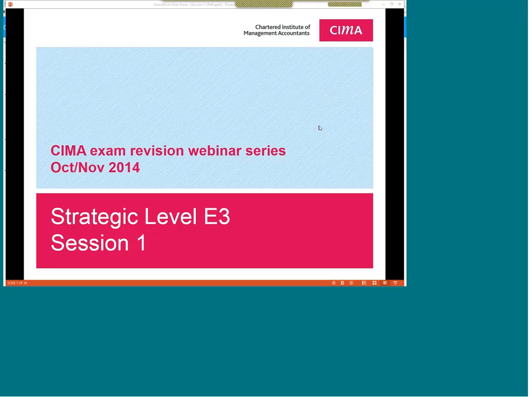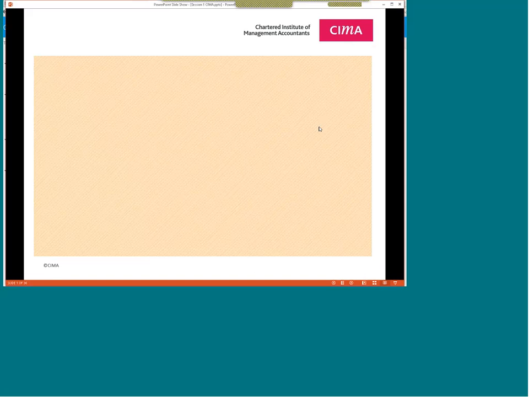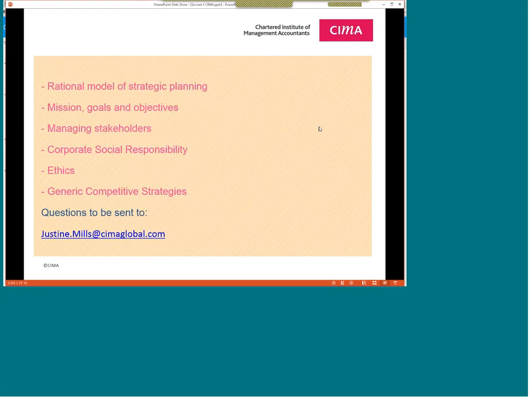Okay, so the topics we will cover today, we will start with the way your modules are structured in your study guide. So we will start with a rational model of strategic planning, because you have explained there are different approaches to strategic planning, but as you could see throughout the modules, usually the rational one is the approach that is used especially for analysis when we create strategy.